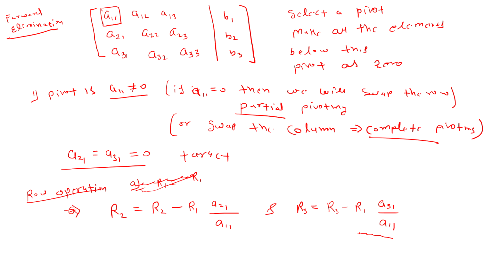So essentially, after step 1, what we have achieved is that row 1 is intact, that is A11, A12, A13, but these elements in row 2 and row 3 have become 0.